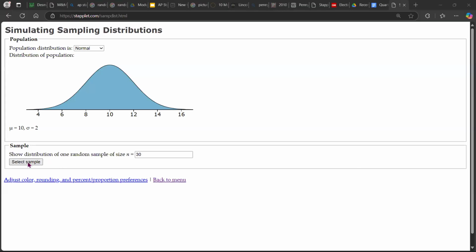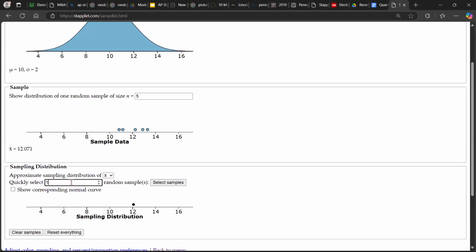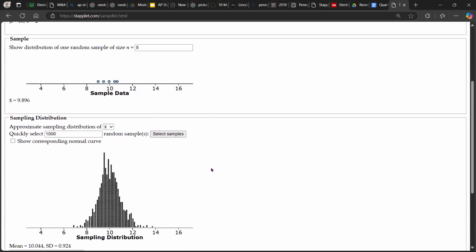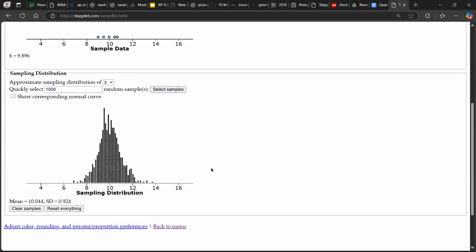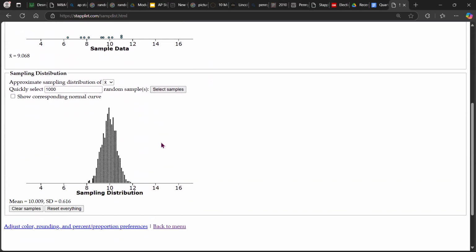I'll show you a less concrete example here. We'll start with a sample of size 5, and if I take a bunch of samples, let's say 1,000 samples here, this might be a distribution with a sample of size 5. Now, if I make that sample size higher, so we'll say 10, notice it got skinnier.